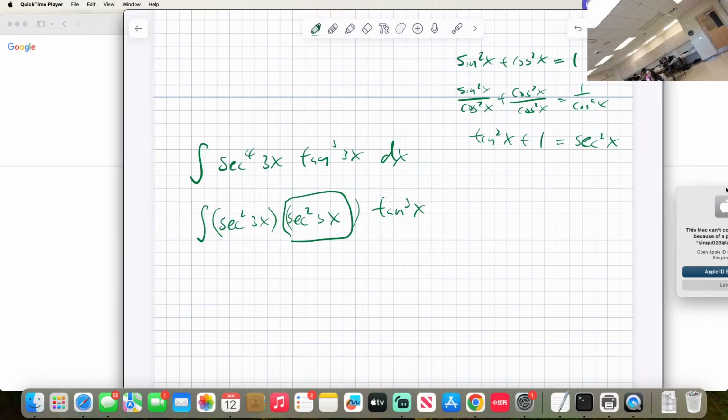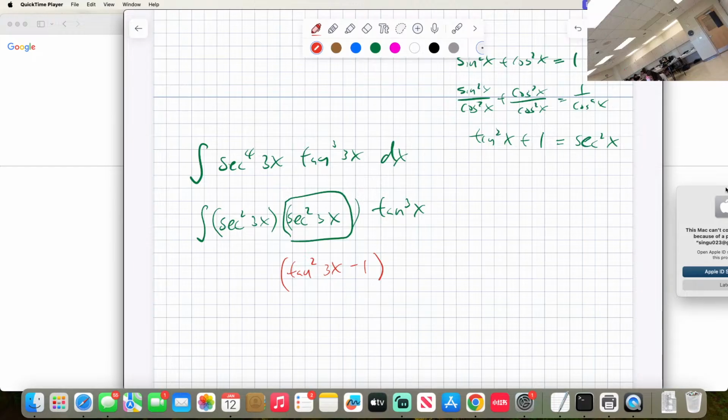I can split up? No, I won't want to split up. Yeah, so you're right. So it'd be tangent square of 3x plus 1, right?